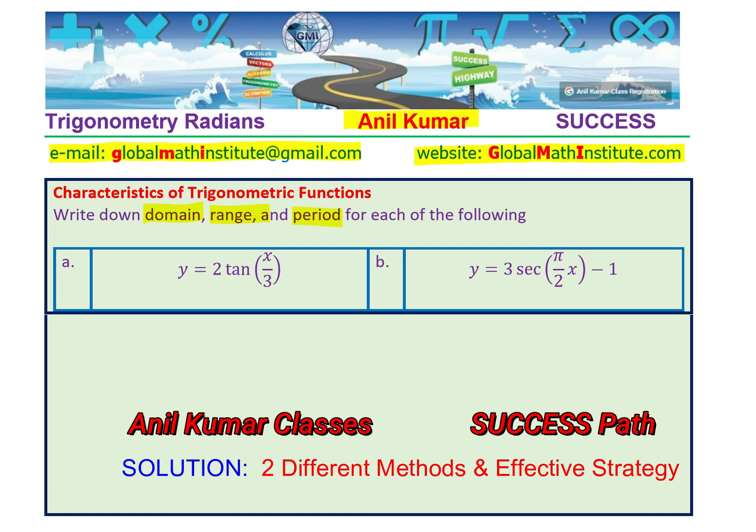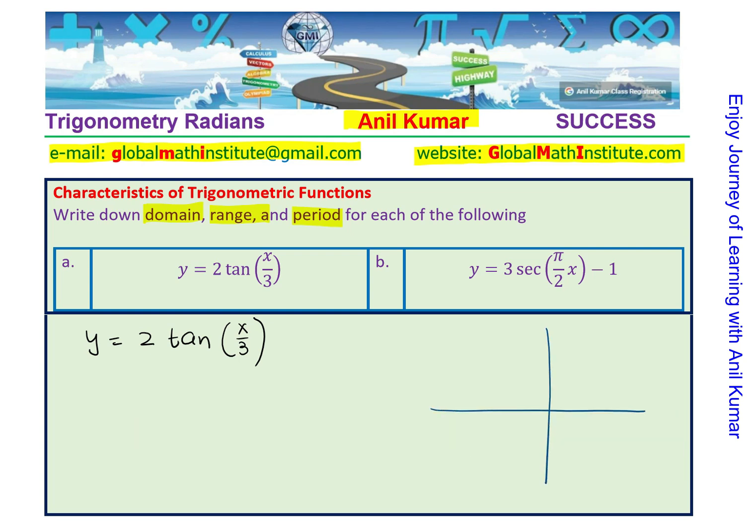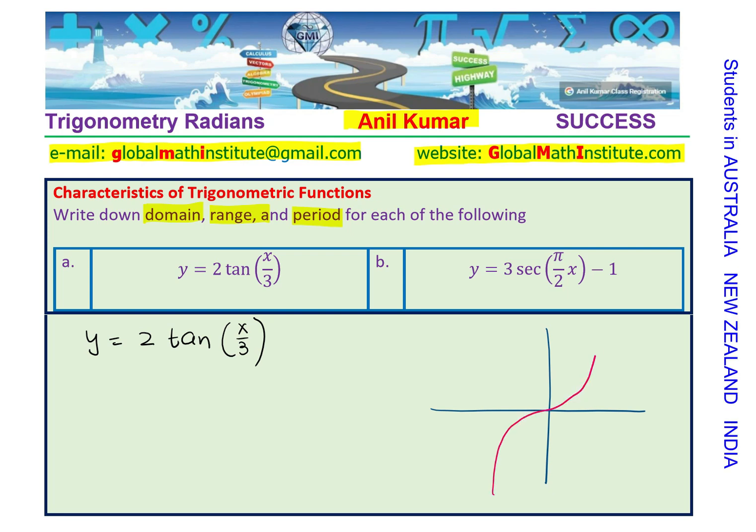So let's begin with part A, which is y equals 2 times tan x by 3. So tan function has restrictions, as you know. If I sketch the function, the graph of tan is kind of like this, with vertical asymptotes.